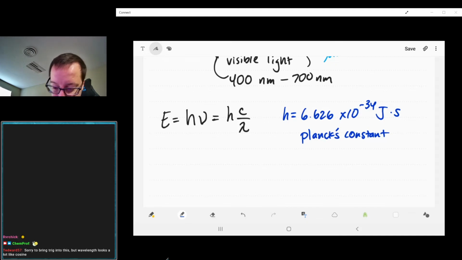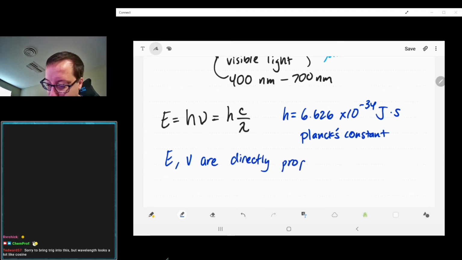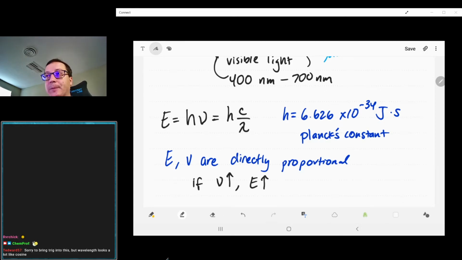Energy and frequency are directly proportional. That means if frequency goes up, then energy goes up as well. Same thing will happen to both.